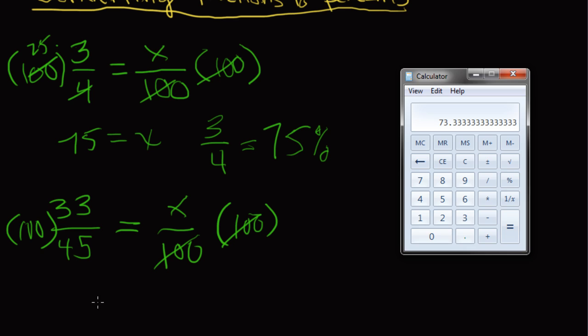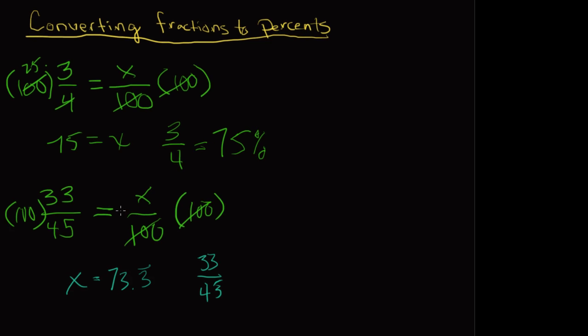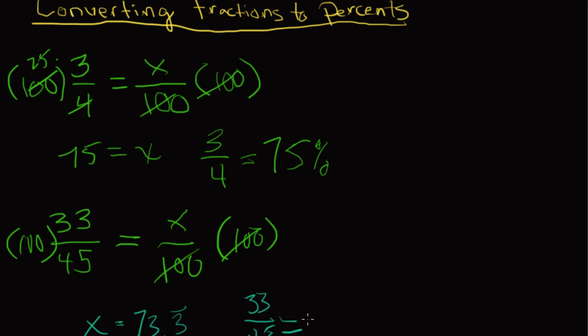So x turns out to be 73 and 3 repeating. So 33 out of 45 is 73.33 repeating percent.